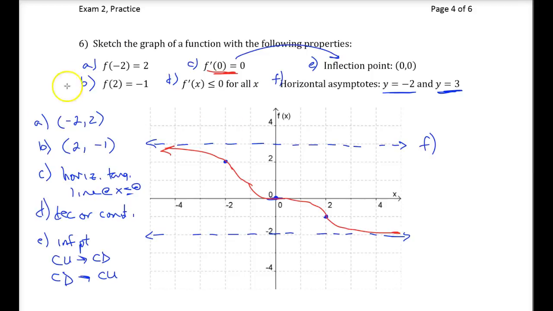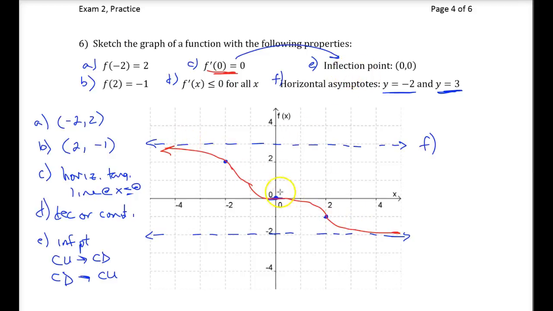So to review, we have the point negative 2, 2 on the graph. We have the point 2, negative 1. We know that at x equals 0, the slope of the tangent line is going to be 0, which means we have a horizontal tangent line. The graph is always decreasing or constant for all values of x, and we've met that.